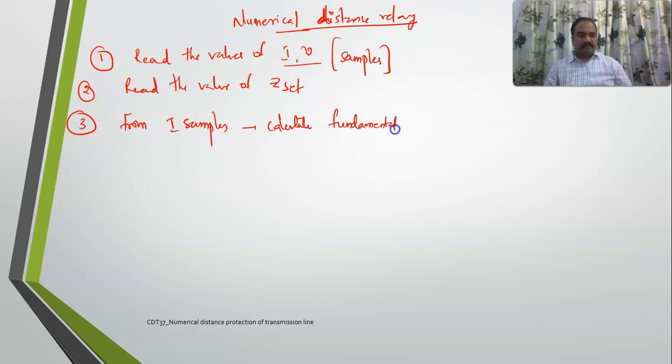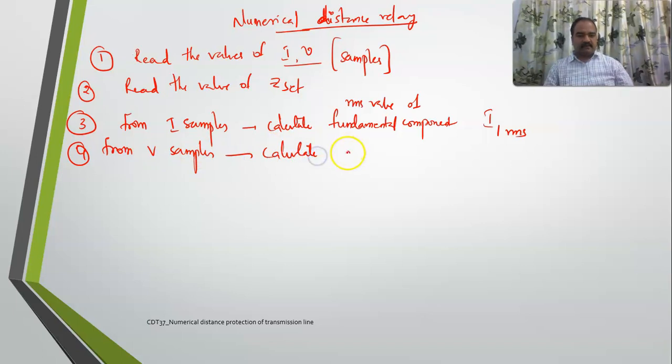You calculate the RMS value of the fundamental component, which we call I1 RMS. And from the V samples, you calculate the RMS value of the fundamental component, this time V1 RMS. Now once you have it, you measure Z, which is equal to V1 by I1 RMS.